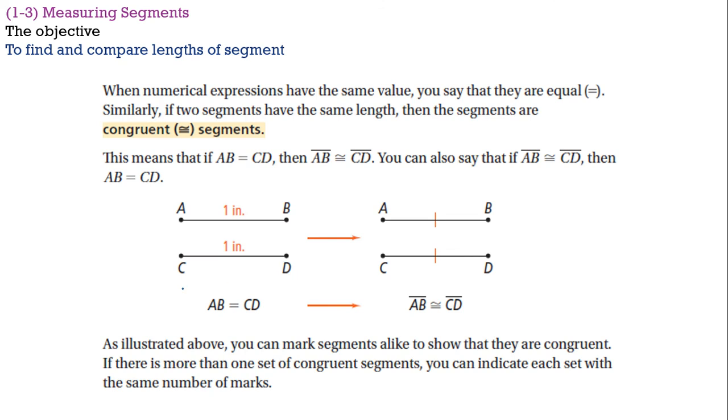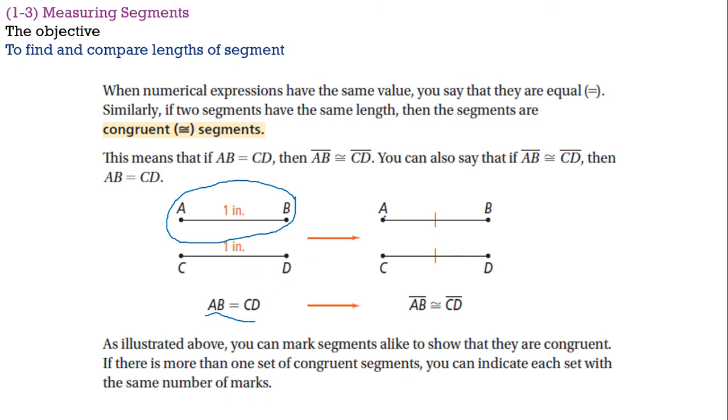Now let's discuss congruent segments. Congruent segments means that they have the same length or the same size. So for example, AB is 1 inch and CD is 1 inch. So these two segments are congruent. In geometry, we write this in another way.